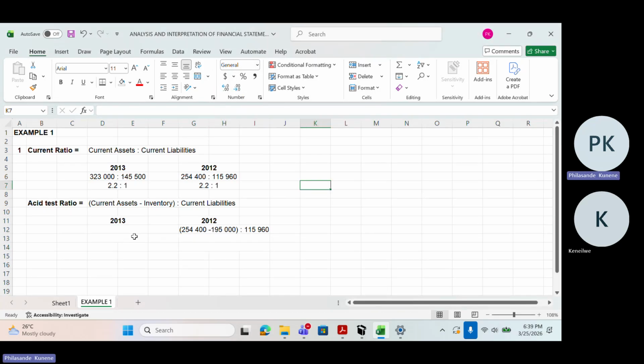Now moving on to 2013, which is the current year.